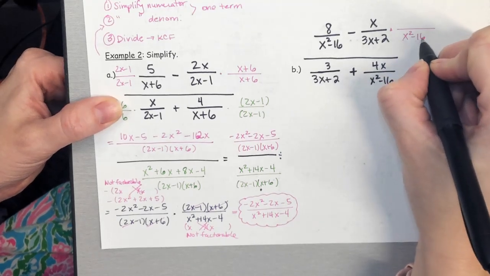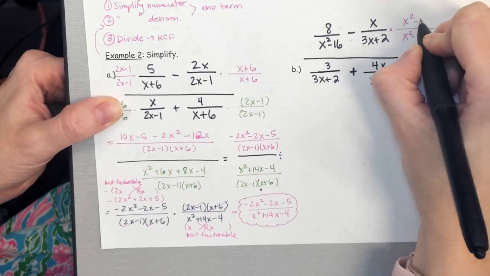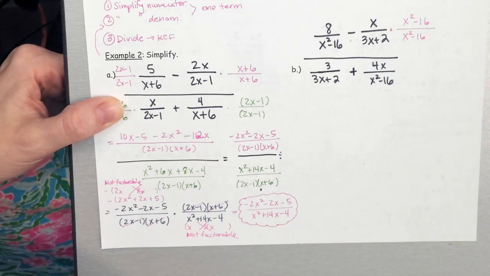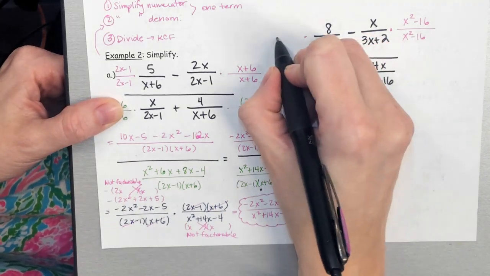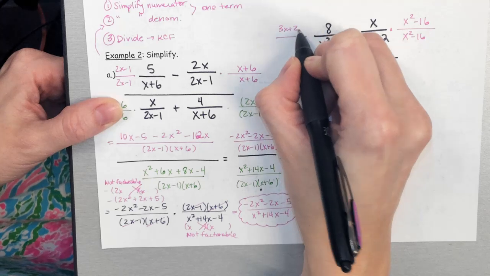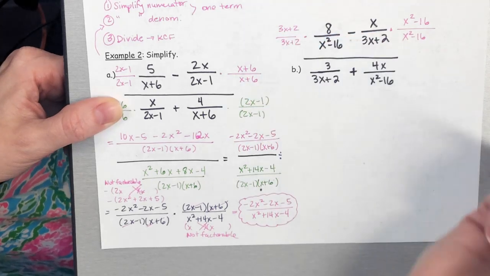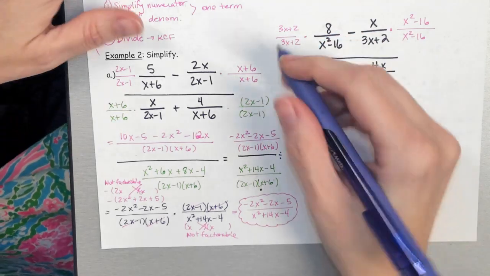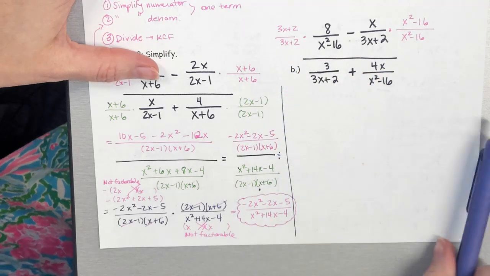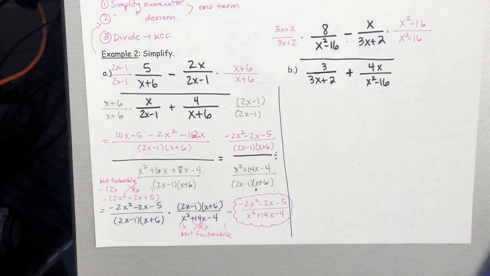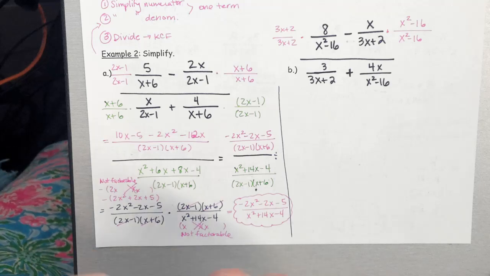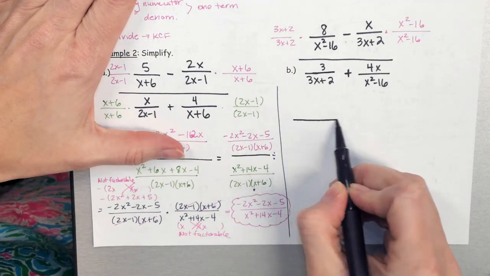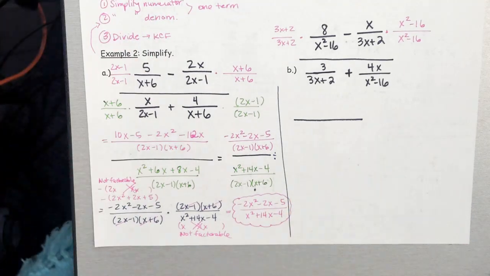But for this one, it's going to be quicker to do that. Okay, and then I'm going to give you time to simplify. You can write out what you get down below.